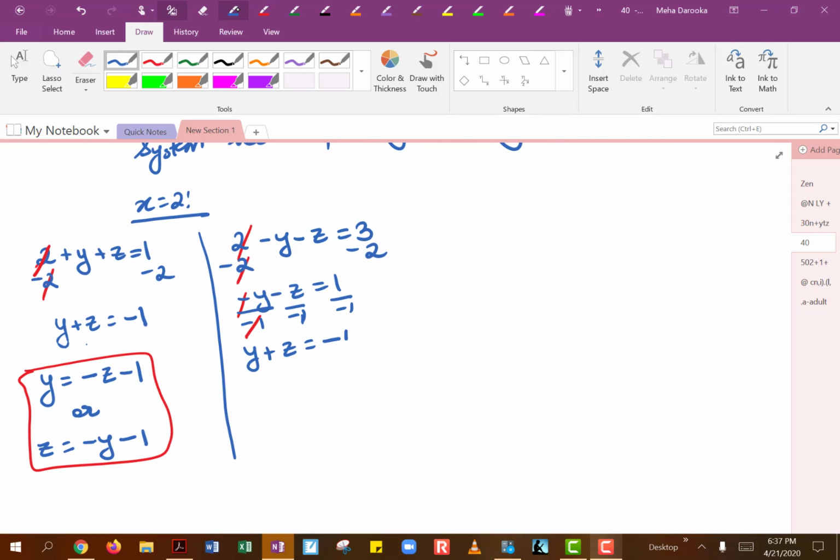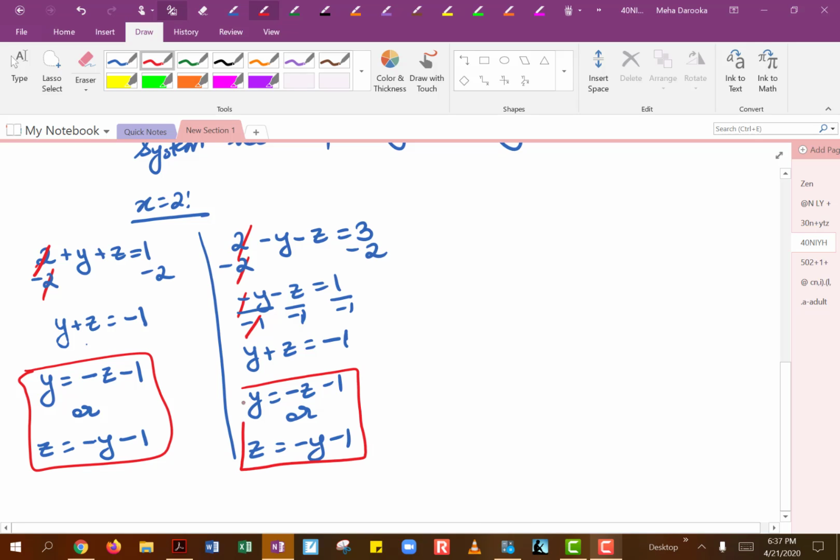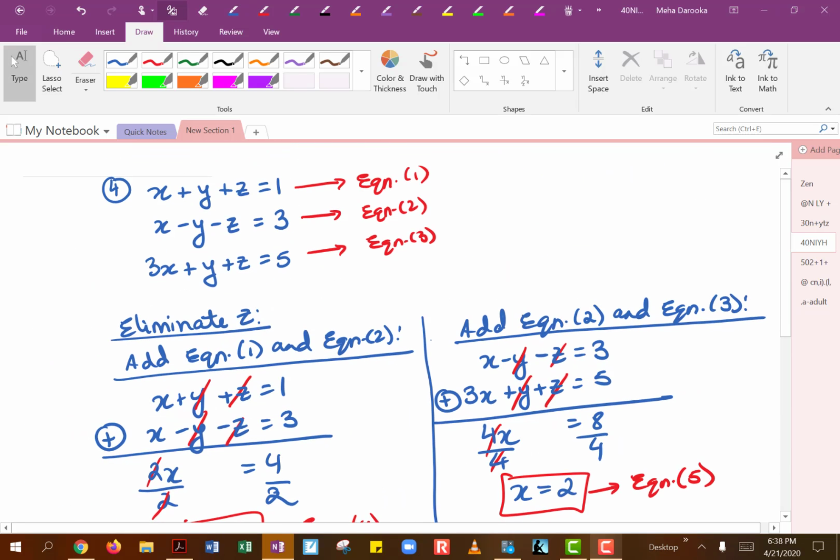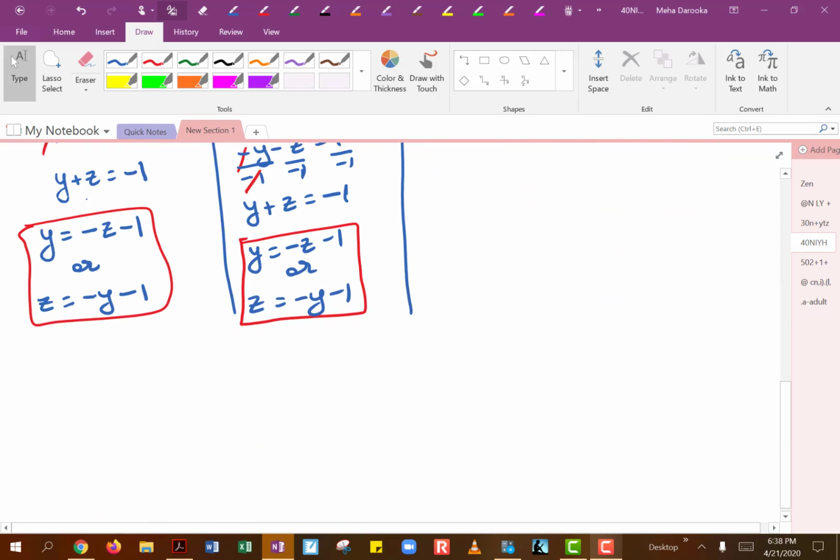So if we rewrite this, we will get y equals negative z minus 1, or get z by itself. That would be negative y minus 1. And again, this is happening because these equations have infinitely many solutions. I'm going to try this for my third equation also, which was 3x plus y plus z equals 5.